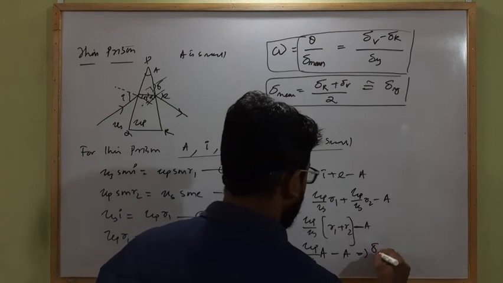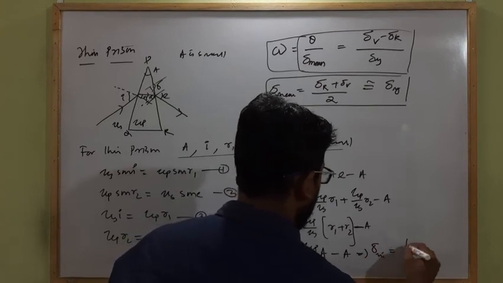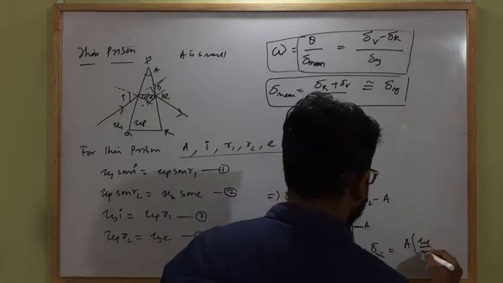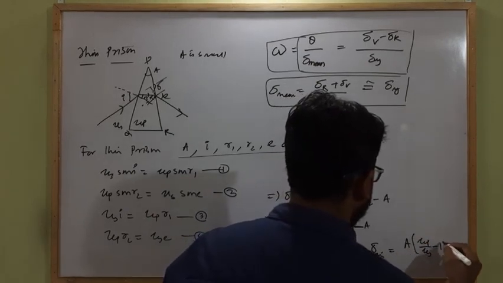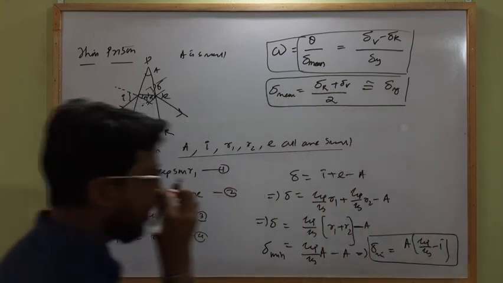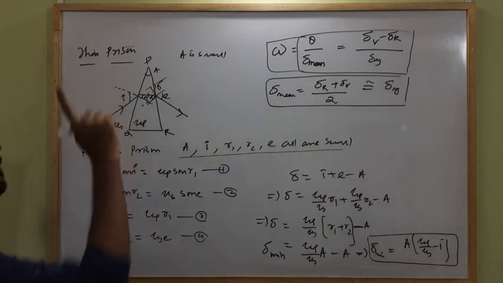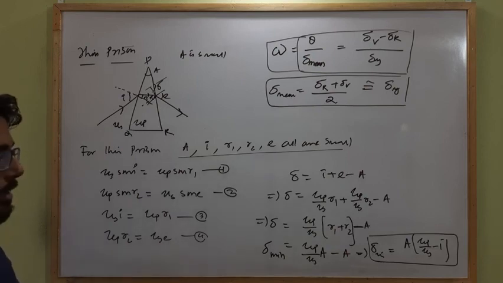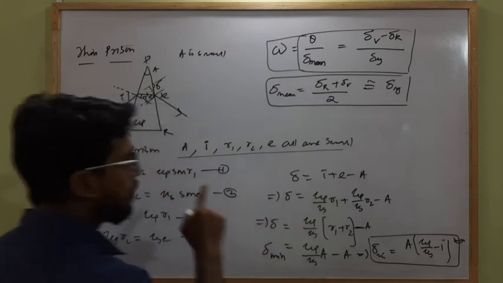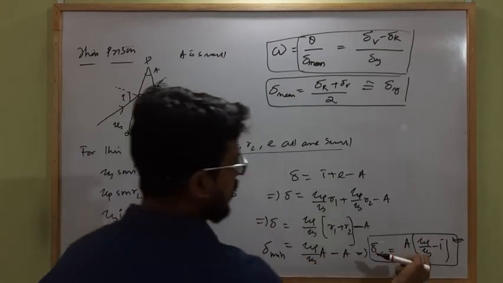So this implies delta minimum equal to A into mu P of prism divided by mu of surrounding minus 1. So this is the expression for delta minimum where the prism is thin. Clear? You have to remember this relation. If the surrounding is air medium, it will become 1.